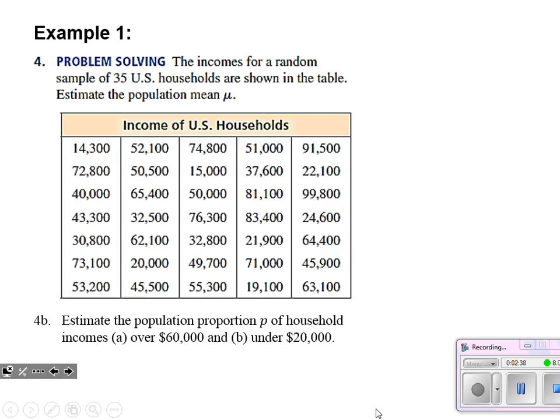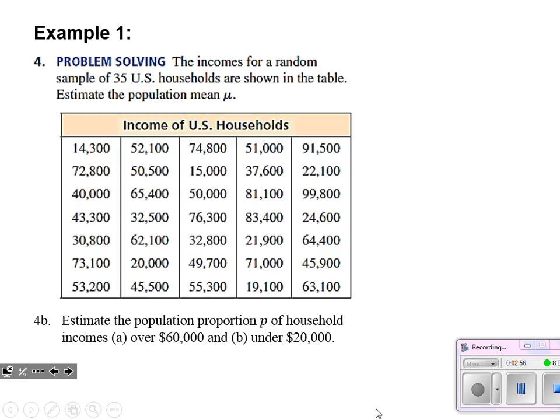That leads us into our first example. Here we've got 35 U.S. households in a survey, and the incomes from those 35 households are shown in this table. It says to estimate the population mean mu.